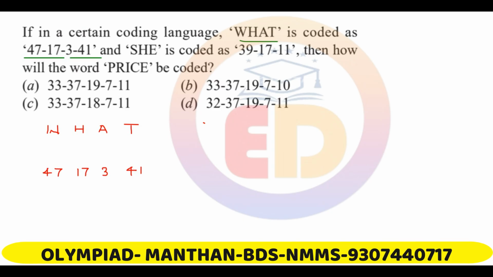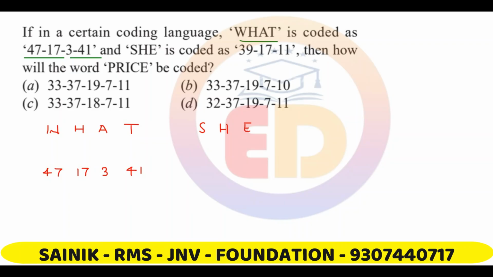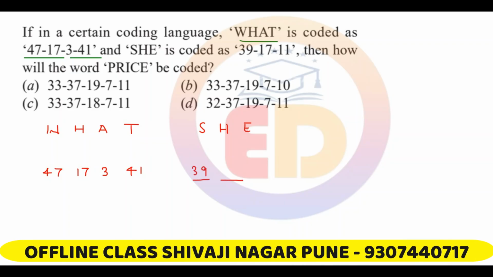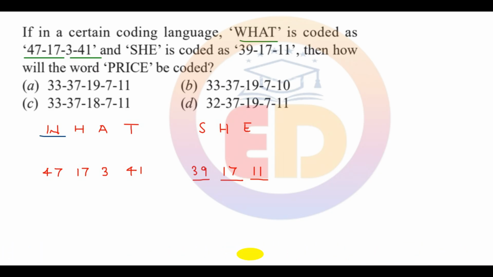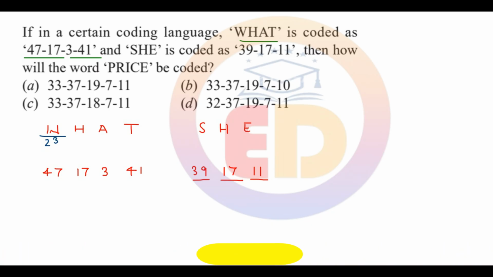And she is coded as 39, 17, 11. So W is actually 23, and they have taken 23 as 47.